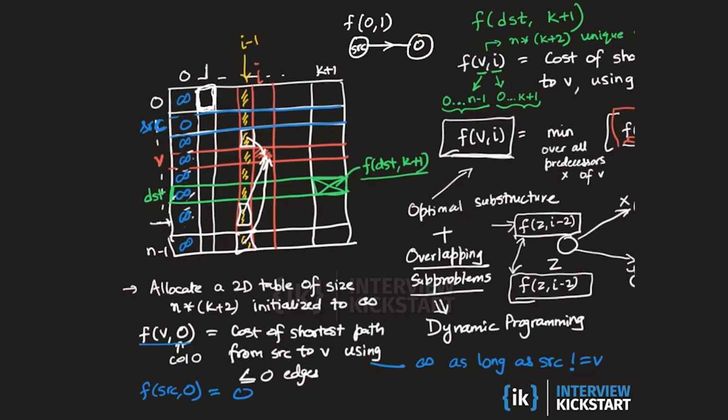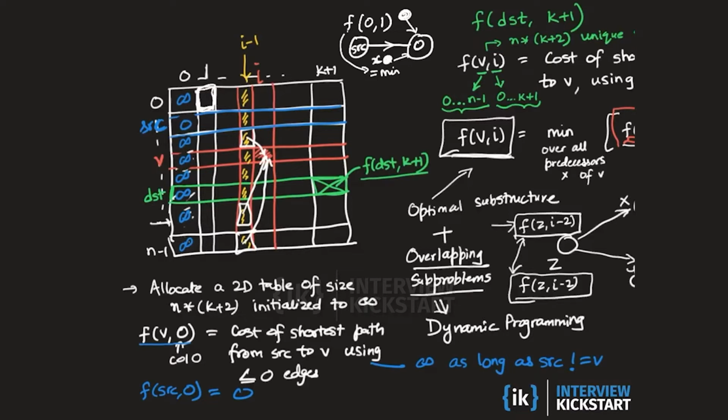So notice that this value f of 0 comma 1 in terms of the recurrence would be the min over all the predecessors of 0. So 0 might have a bunch of other incoming vertices in the graph. We look at each of them and we look at the values of f of whatever the IDs for them are. Let's say the ID for this vertex is x.